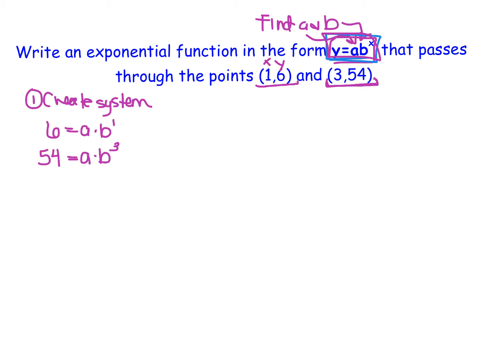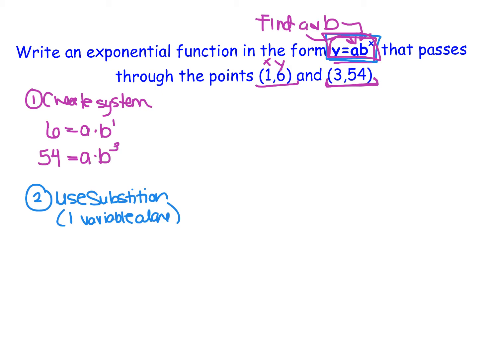Then within this system of equations, we're going to use the substitution strategy. And remember, with the substitution strategy, we always get one variable alone. Now, what I suggest is that you pick a in one of these equations.